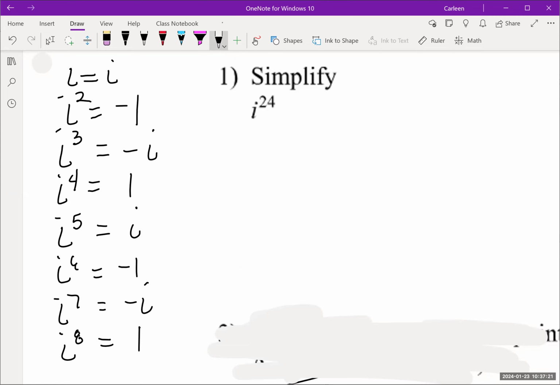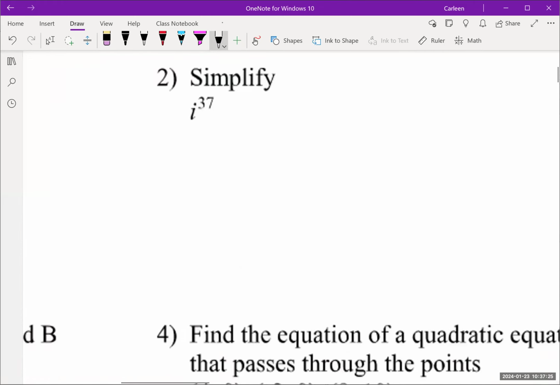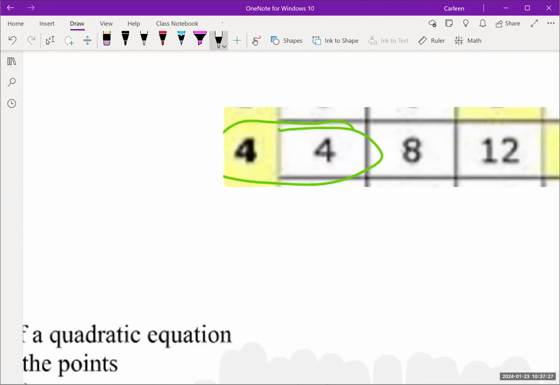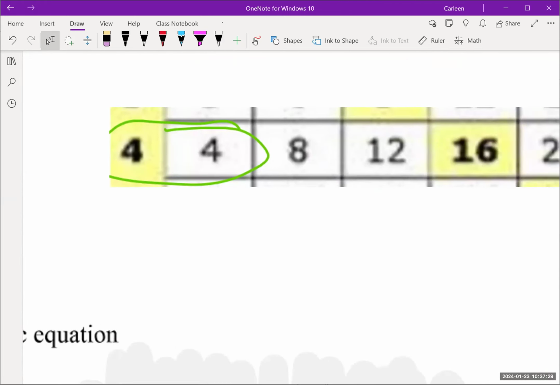Okay, so if we look at a multiplication table, i to the fourth will equal 1. Okay, Zoomers, i to the eighth will equal what? Can you type into the chat, please?